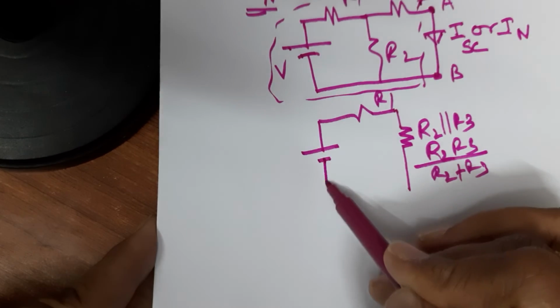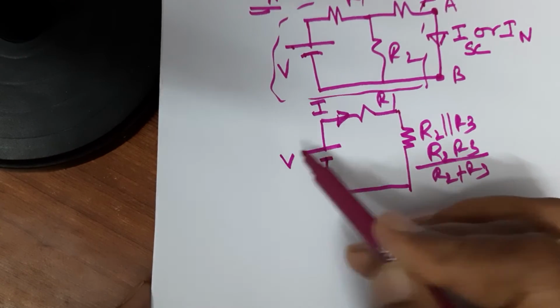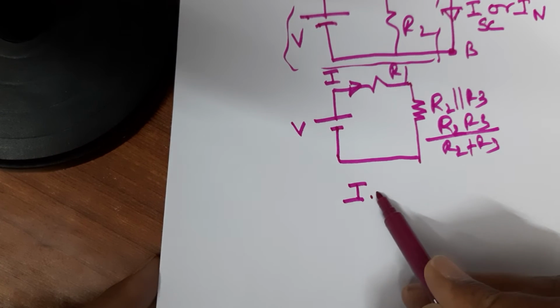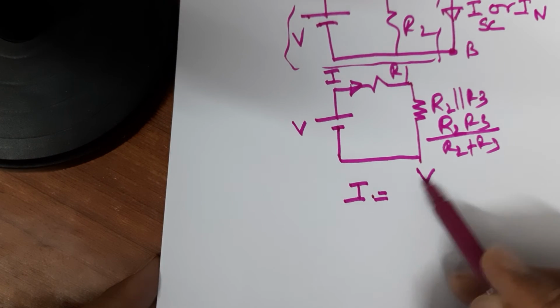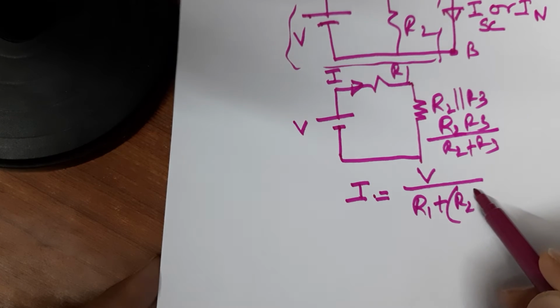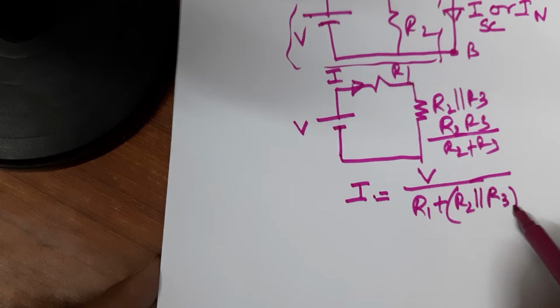So we can find the current supplied by the circuit: I equals V by R1 plus R2 parallel R3.